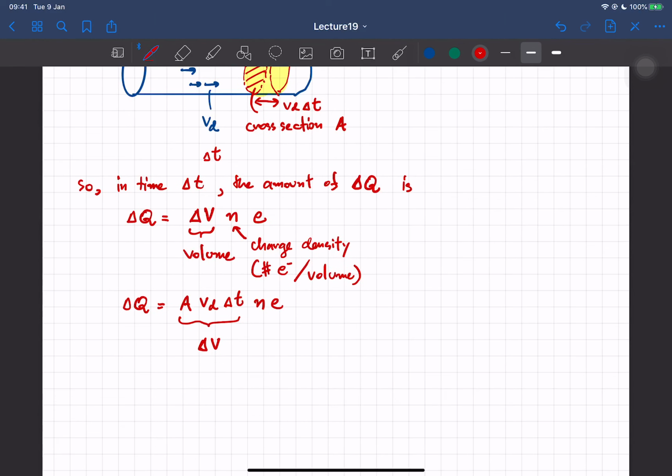So the current I is just delta Q divided by delta T. That's going to be equal to A times Vd times N times e, like this. So this is the current. This is the relation that gives you the relationship between current and drift velocity.